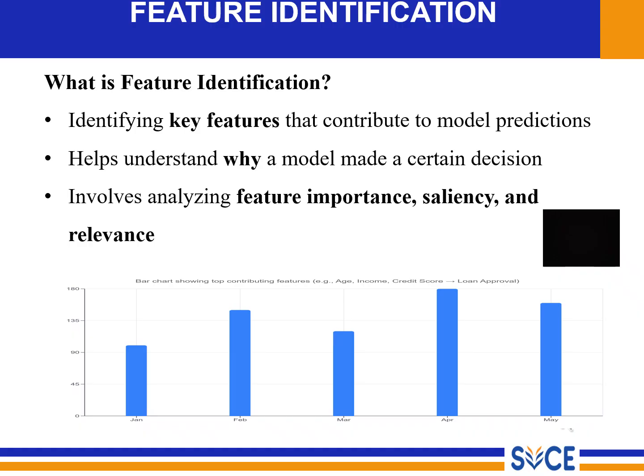For example, in predicting whether a person will get diabetes, the features could be age, BMI, blood sugar level, family history. But which one really matters the most? Feature identification helps us find that. See the diagram. Let's go to the next slide.